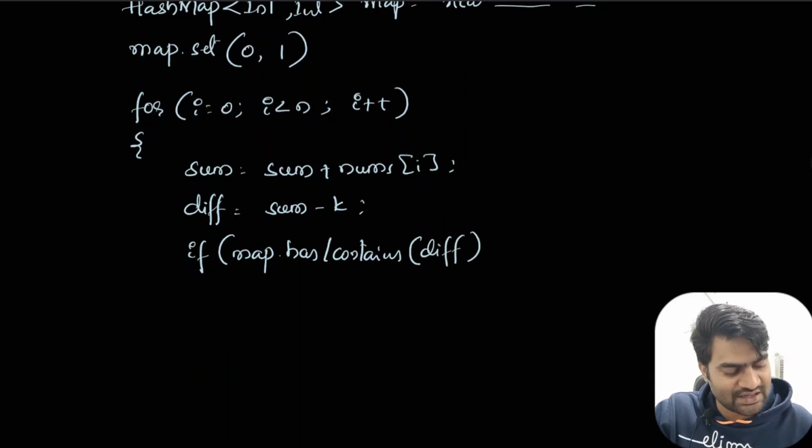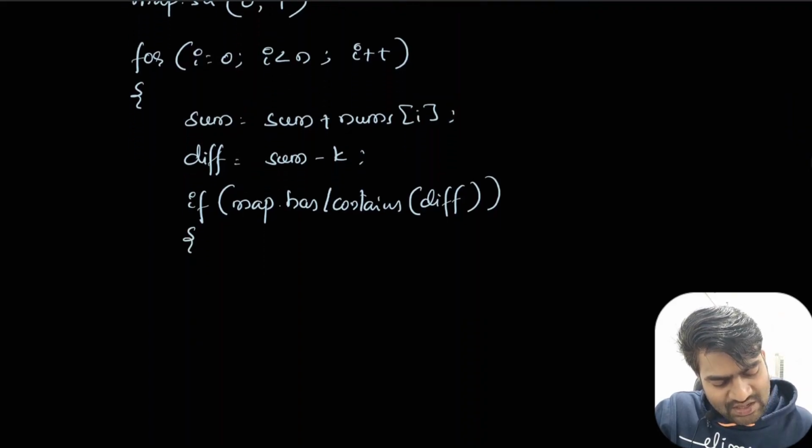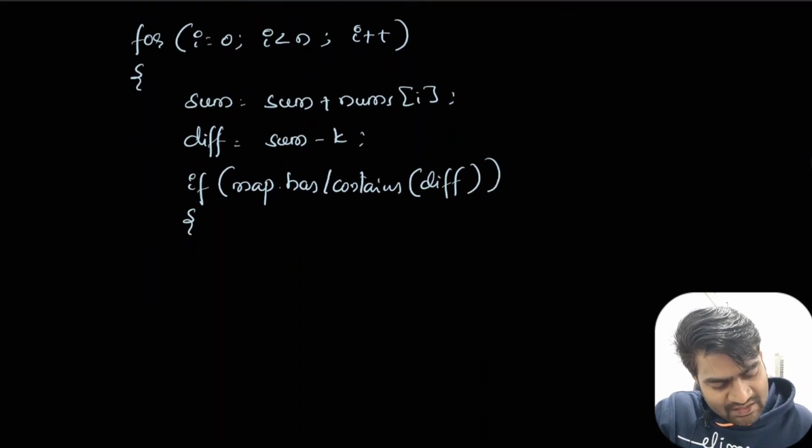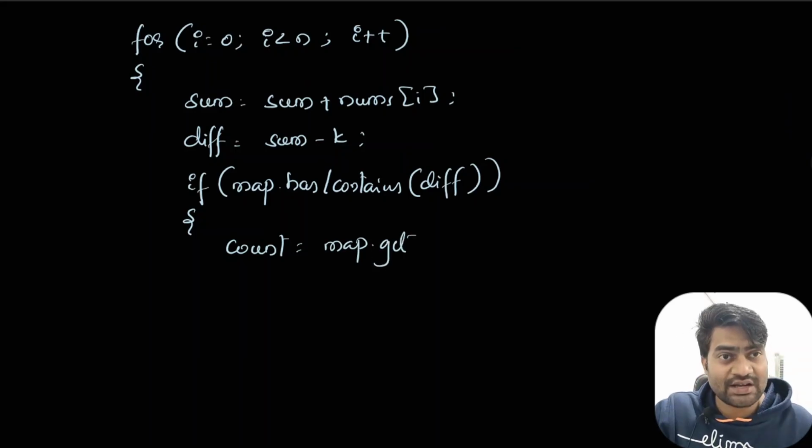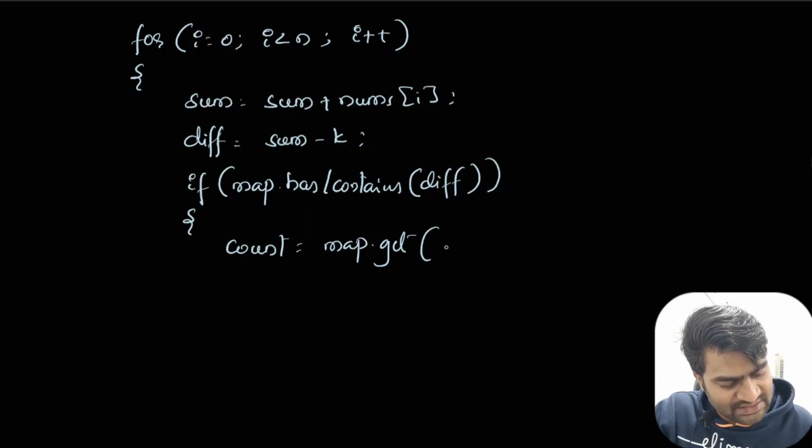If there is one in our map, then it means we got our subarray, correct? So I will simply say my count will be equal to map dot get, in JavaScript, or getOrDefault in Java. So I will simply pass my difference.